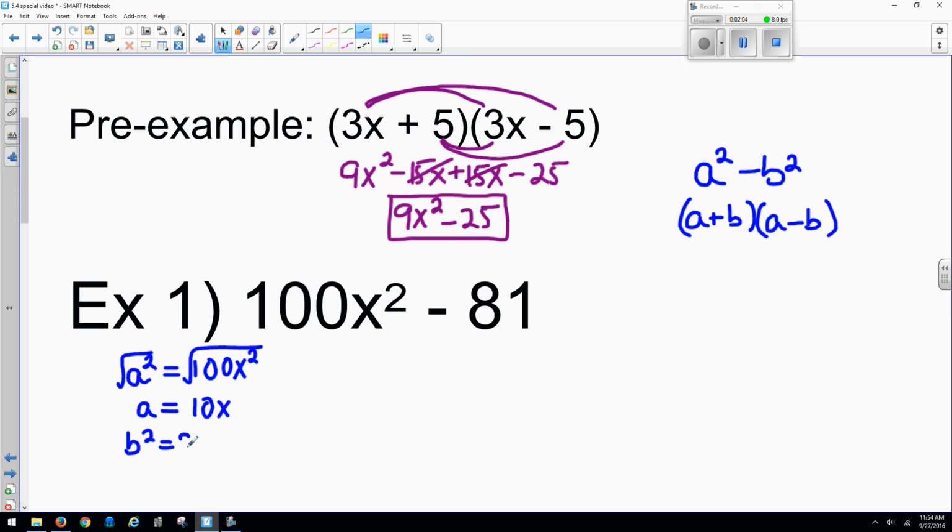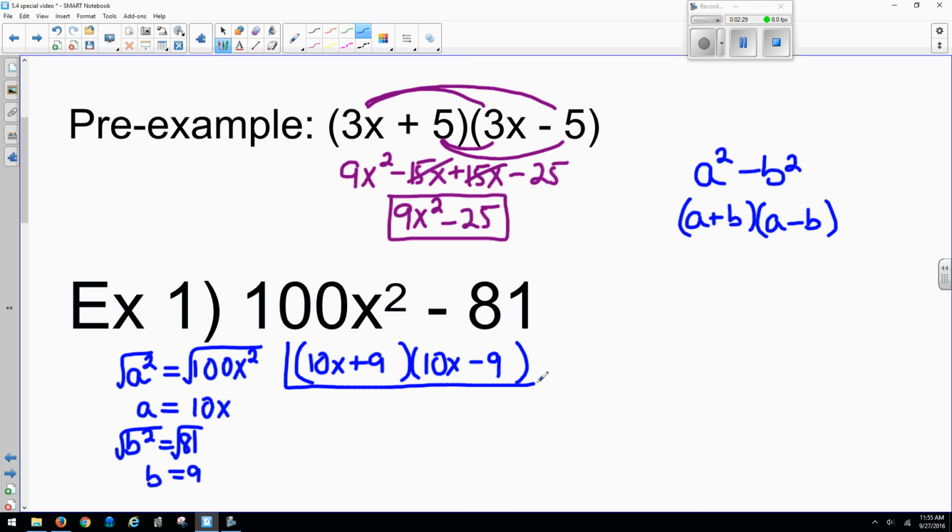B squared is 81, which means if I take the square root of both of those, b would be 9. So I'm just going to literally substitute into this rule here. I'm going to have my two sets of parentheses. So this becomes 10x plus 9 and 10x minus 9. And that's the factored form.